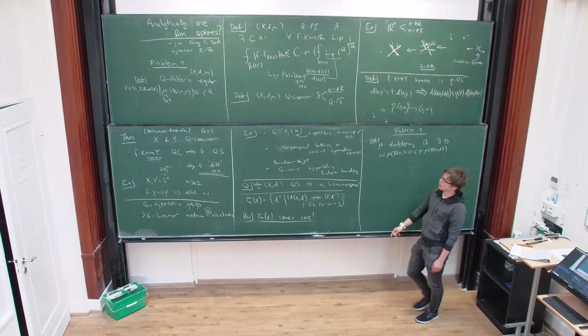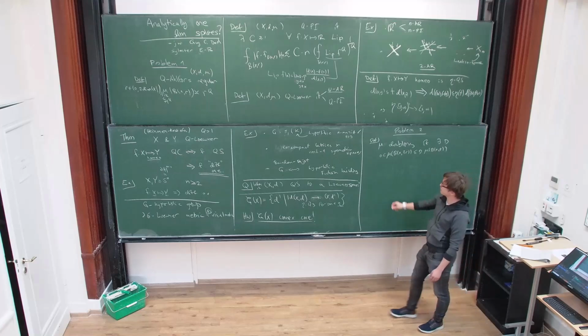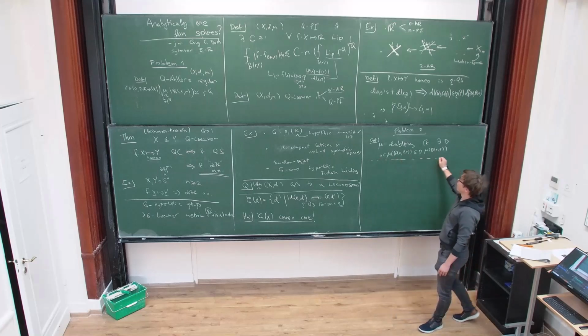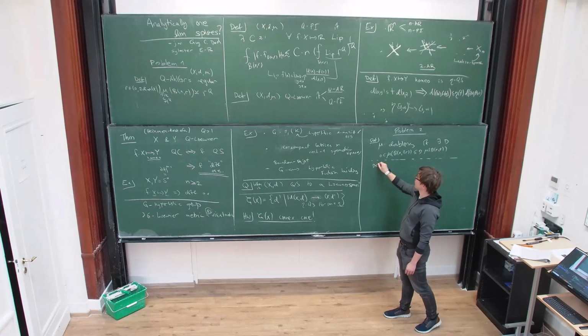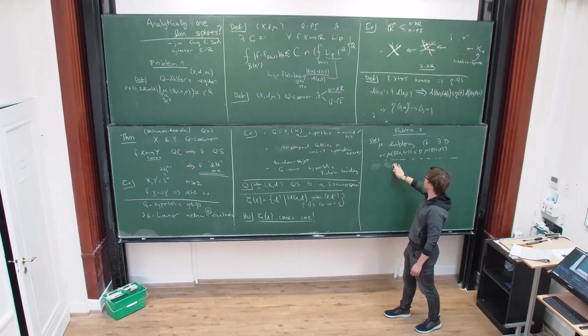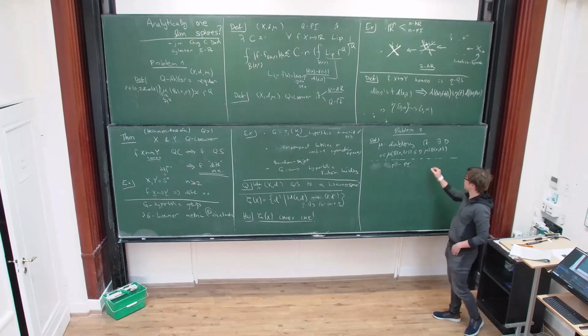So that is a significant weakening, of course, of the Ahlfors regularity condition. And then we also just have the p-Poincaré inequality, which is just you replace q with p upstairs there.